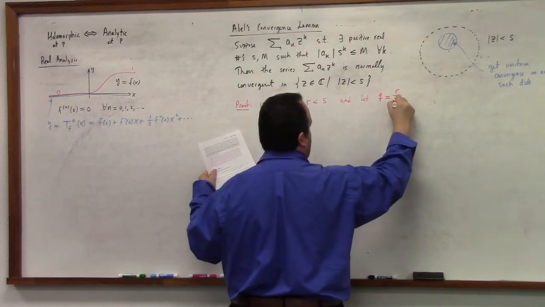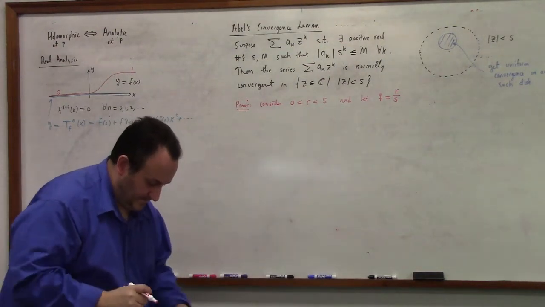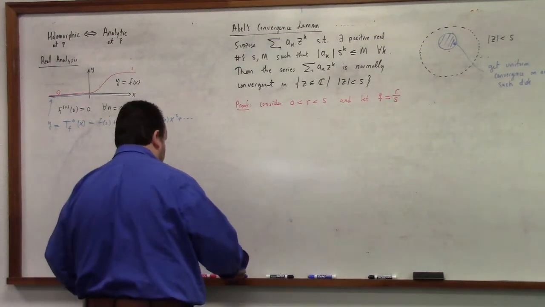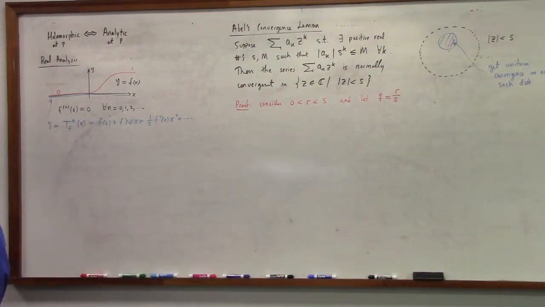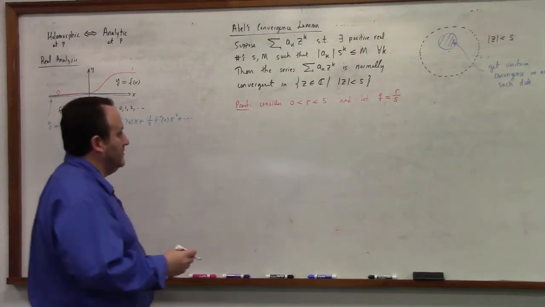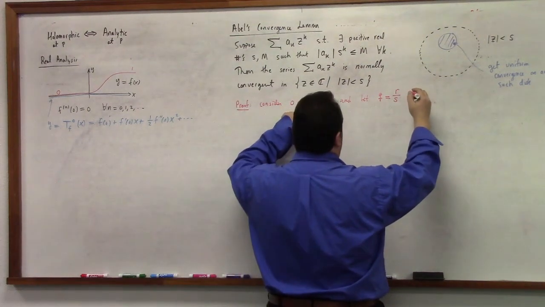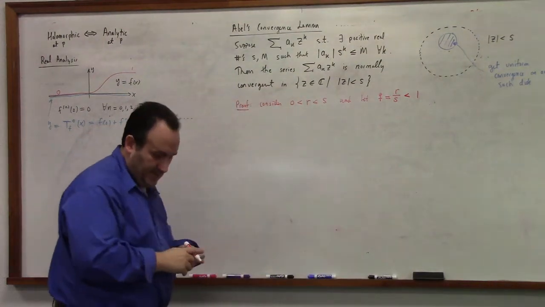What could you say about q then? q is r over s, so if you divide this by s, you get q in the middle, and you get 1 up top, so it's less than 1. So q is less than 1.